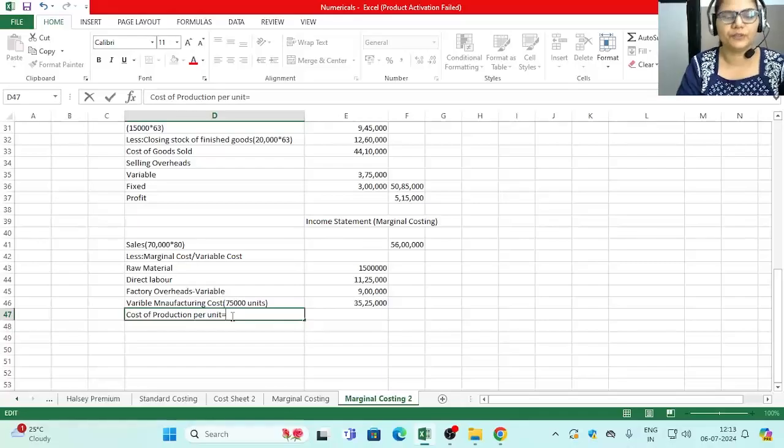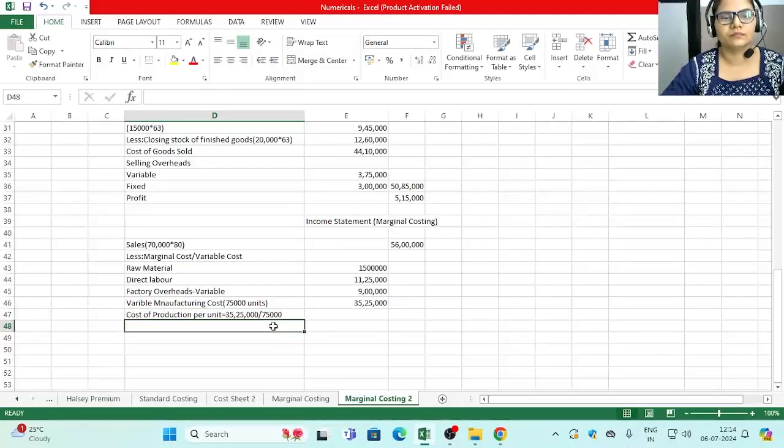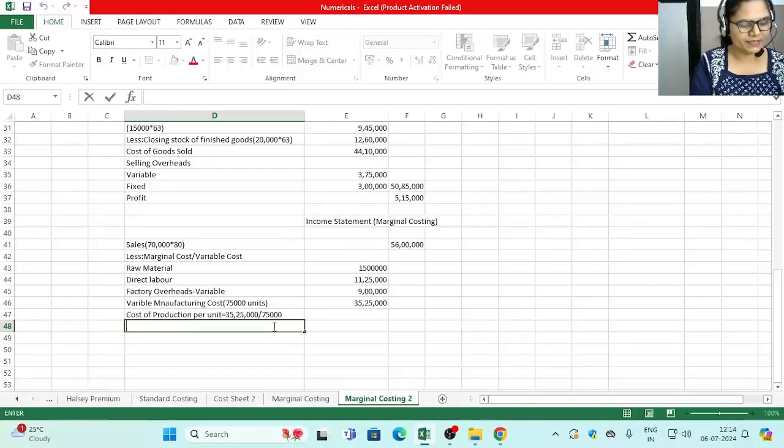Let me calculate it for you. 35 lakh 25,000 divided by 75,000 will give you 47. So it will give you rupees 47 per unit.